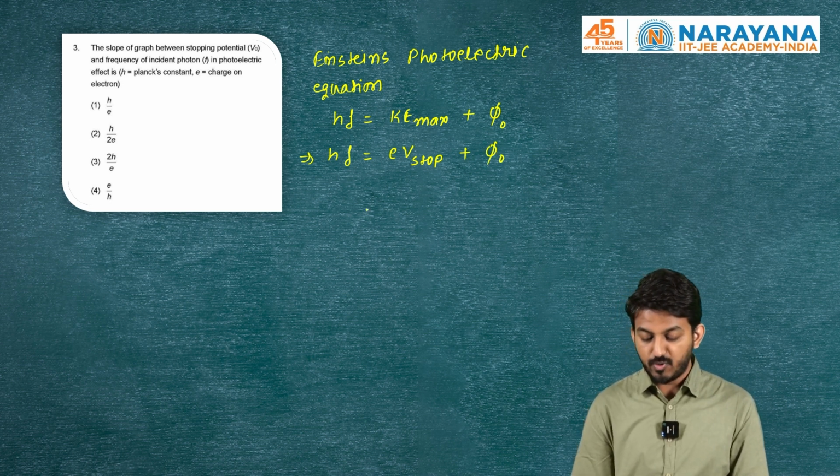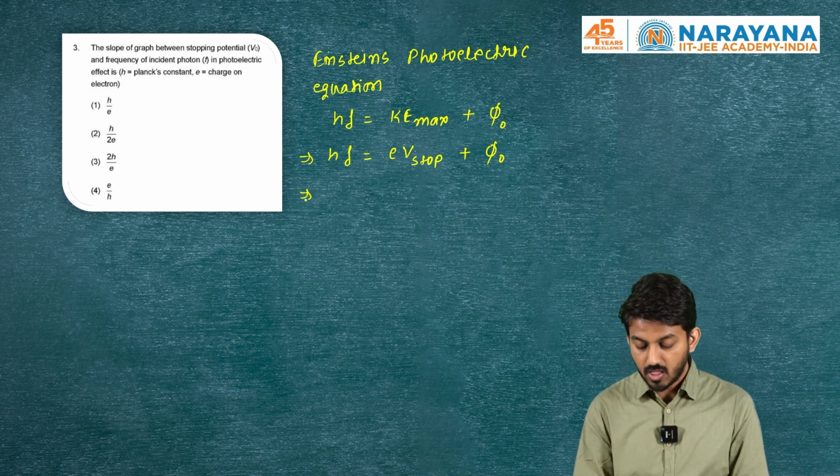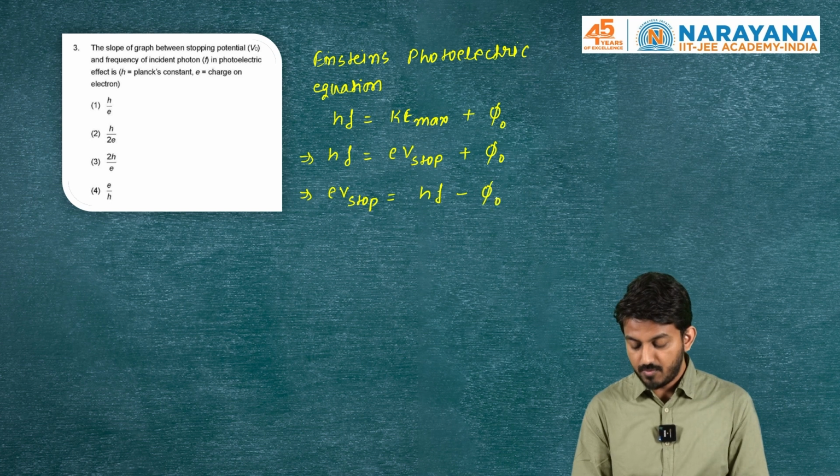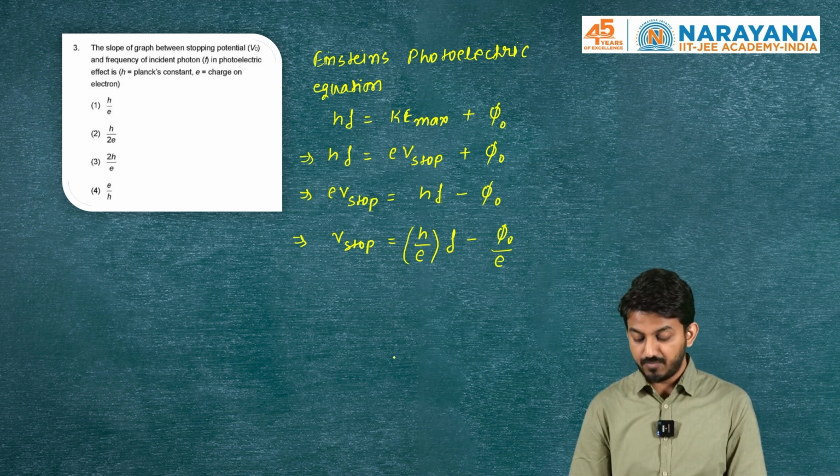As they're asking for stopping potential versus frequency, I'll rearrange the equation and write down minus phi naught, giving us V stop is equal to h over e into frequency minus phi naught over e, where e is the charge on the electron.